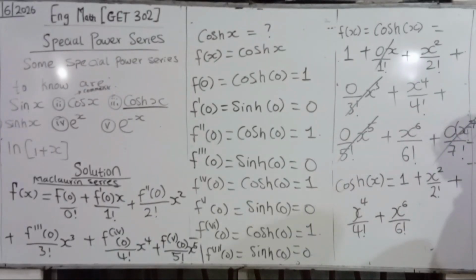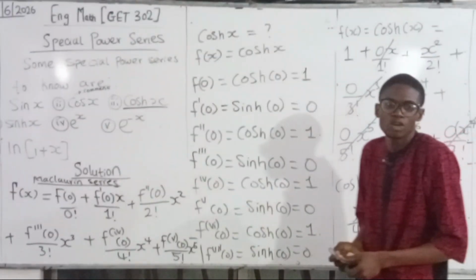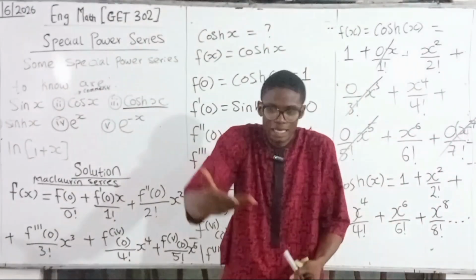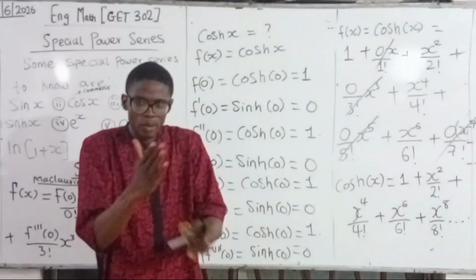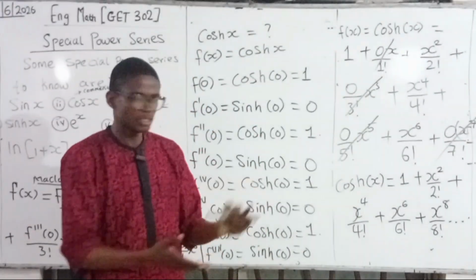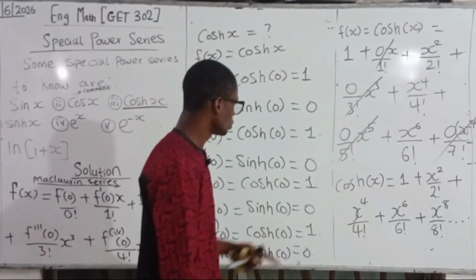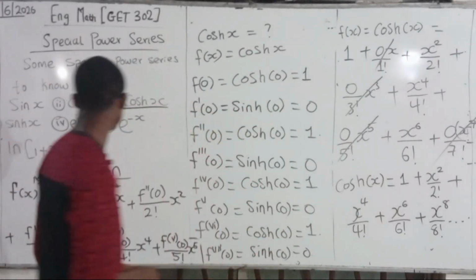So can you guess the next? The next will be what? Guess. Plus x to the power of 8 all over 8 factorial. So one thing about it is that there is a correlation. You can guess the next one. There is a pattern it follows, so you can use it to know the next.